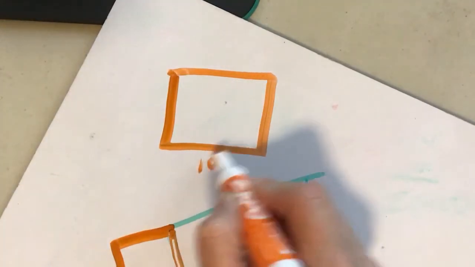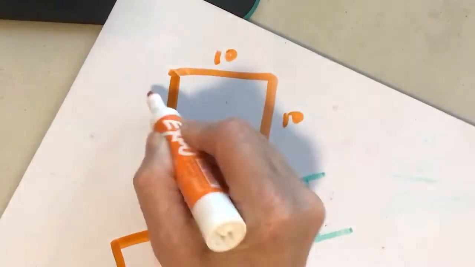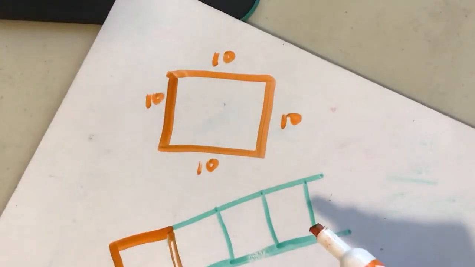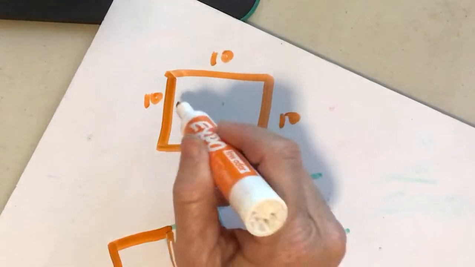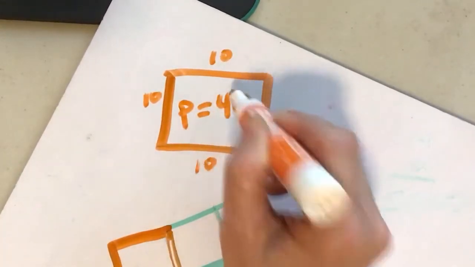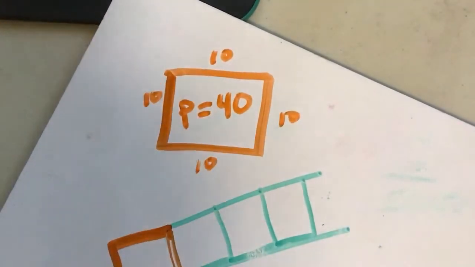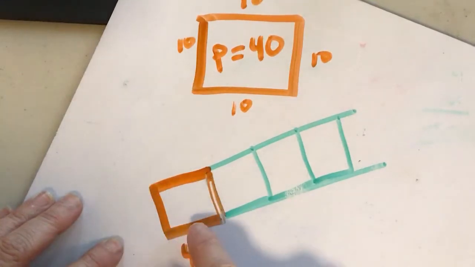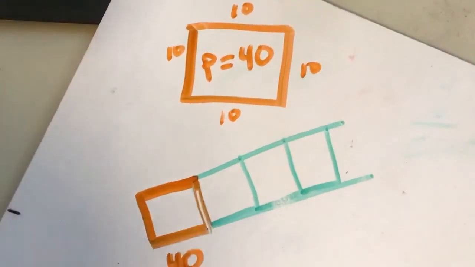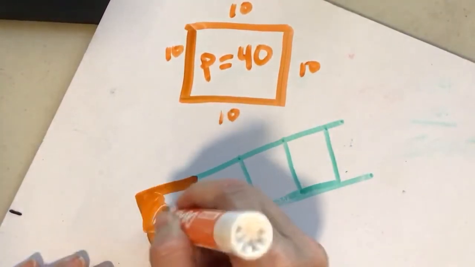They would each have to be 10. Because if I want the perimeter, it would be 10 plus 10 plus 10 plus 10. The perimeter equals 40. So the question says, which pair of equations can be used to find the area of each tile? Okay, so it doesn't want the perimeter of each tile. It wants the area of each tile.